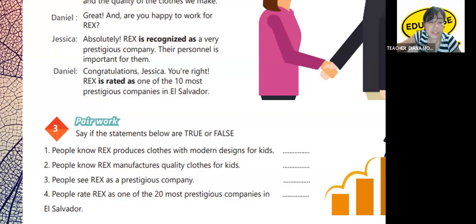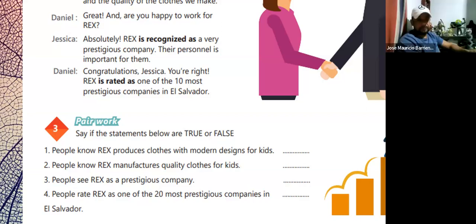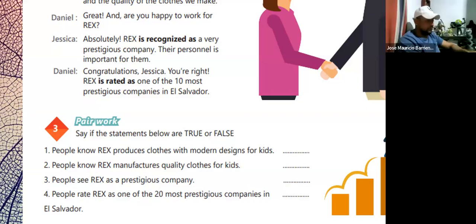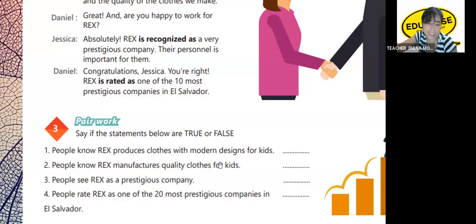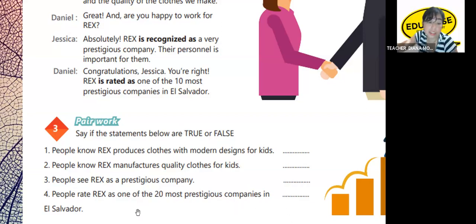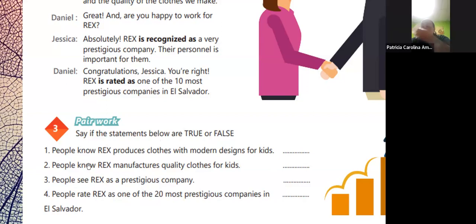People see Rex as a prestigious company. True. Okay. People rate Rex as one of the 20 most prestigious company in El Salvador. False. The 10 most prestigious company. Okay, there you are. They mentioned 10, not 20, so it's false. Okay, you have a good reading comprehension. That's nice.